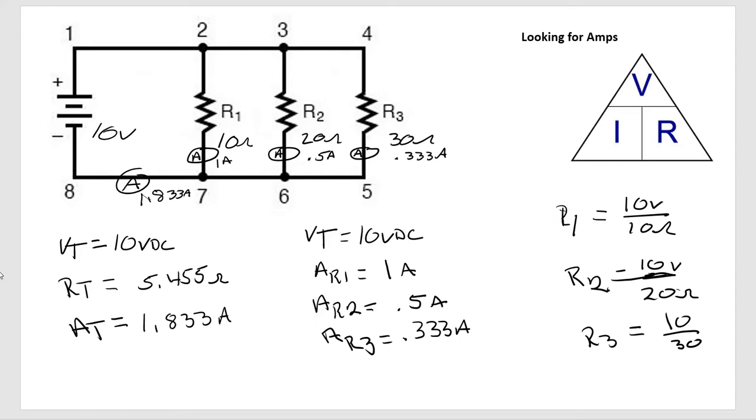So if you remember, the electrons are going to come past here, and there's going to be 1.833 amps coming past this point, and then they're going to split, and then they're all going to come back together again. So this point right here will have 1.833 amps, all meeting back up to head on the other side of the battery.